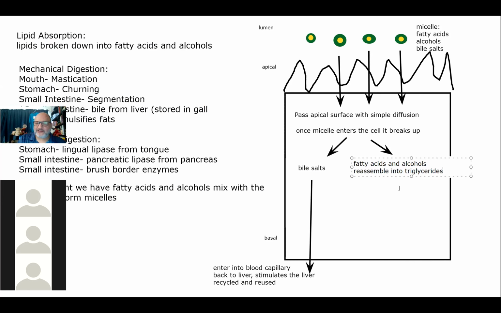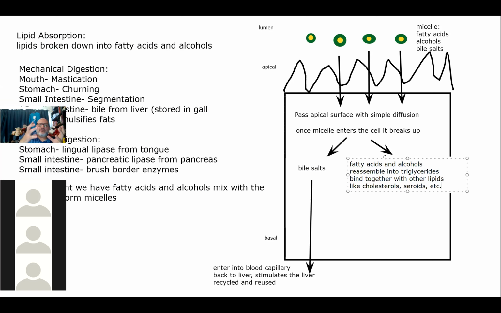Then those triglycerides bind together with other lipids, like cholesterols, like steroid hormones, etc. All these things become one big, huge fat globule inside the cell.